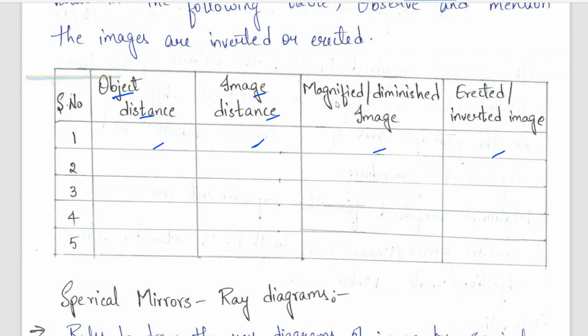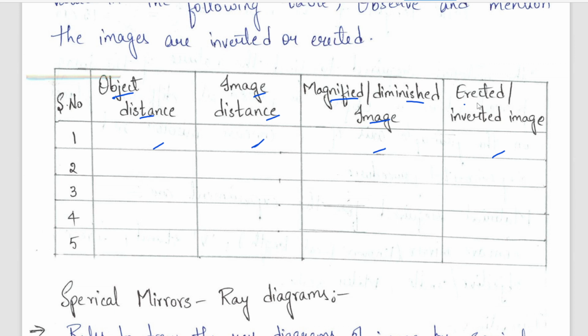And next, coming to magnified image. A magnified image is nothing but whenever we get an image larger in size than the original object, then it is called a magnified image. And a diminished image is quite opposite to a magnified image. Diminished image means it is smaller in size than the original size of the object.